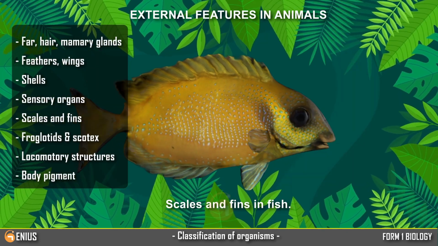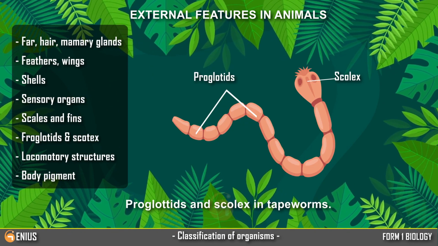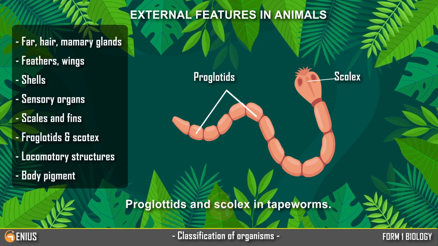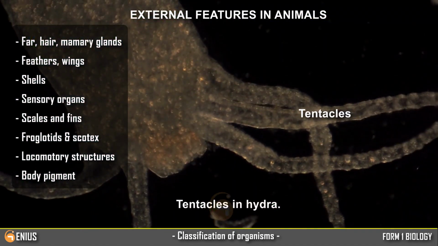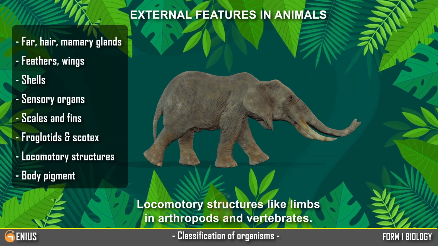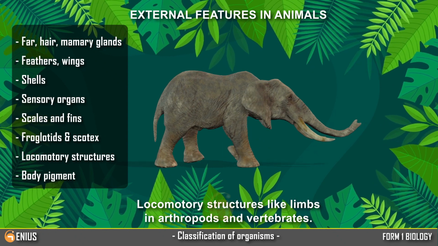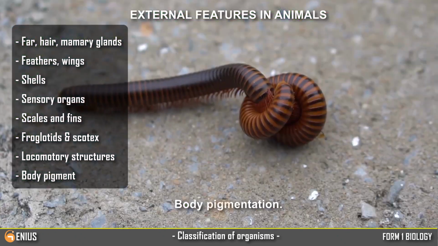Scales and fins in fish. Proglottids and scolex in tapeworms. Tentacles in hydra. Locomotory structures like limbs in arthropods and vertebrates. Body pigmentation.